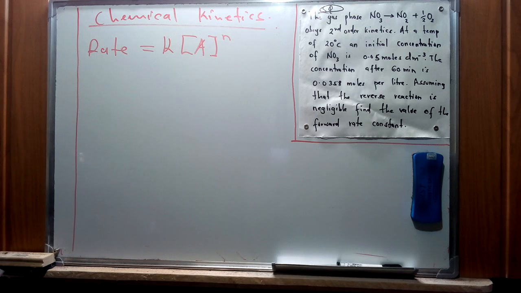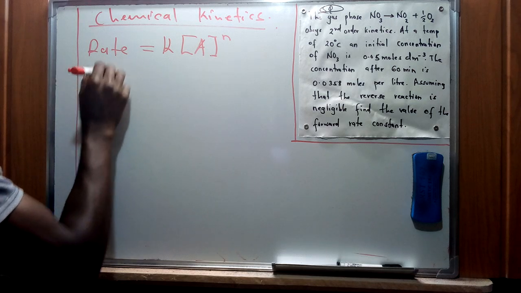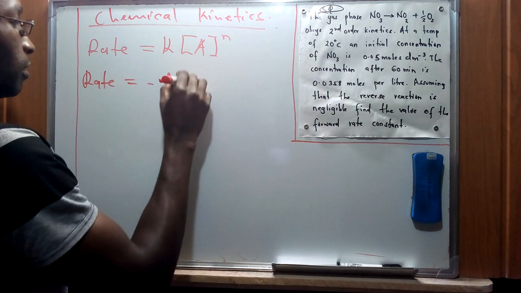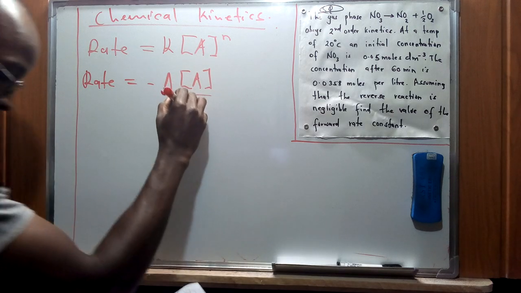This rate can also be represented as a change in concentration over time, so I can write a second equation which gives the change in concentration of this substance over time.